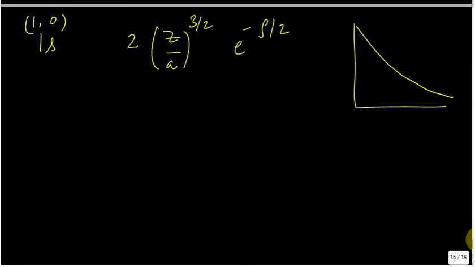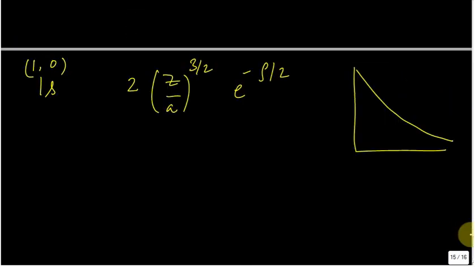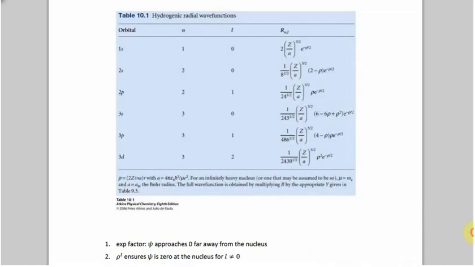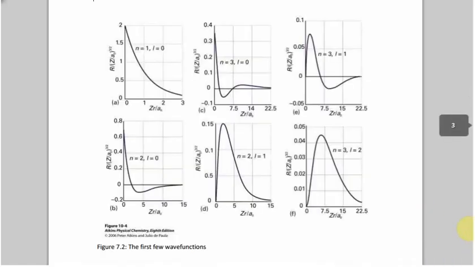Okay, so going back to this orbital, if I plot this wave function as a function of r, this is what it looks like. I'm sure somewhere we'll have the plots also. Yeah, this is what it looks like.